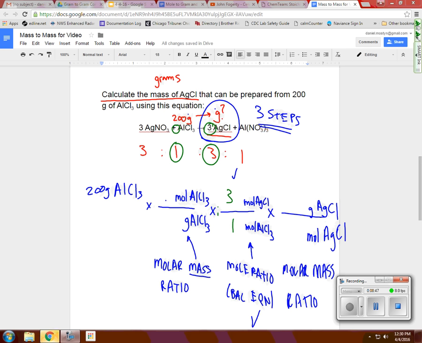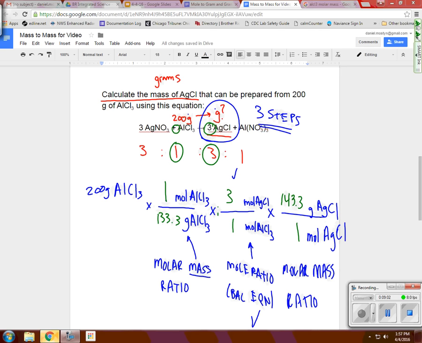And I also know that I can put a 1 here because we always put a 1 in with molar masses. And I just have to now put in the molar masses for AlCl3 and AgCl, and I can get those from the periodic table. Okay, here are the molar masses for AlCl3, 133.3 grams for every 1 mole, and 143.3 grams of AgCl for every 1 mole of AgCl.